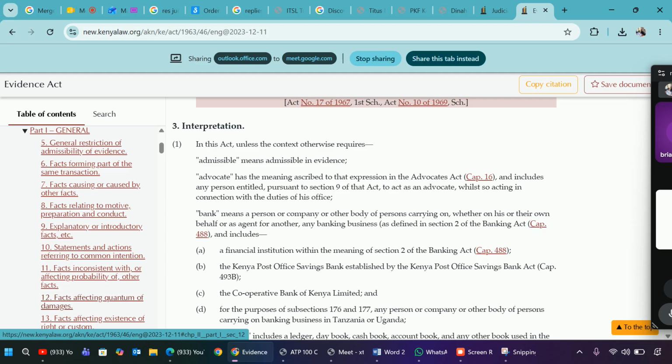With the Evidence Act and two other factors that we borrow from professional ethics, we are guaranteed a pass in trial advocacy. When it comes to probate, remember we have done the Law of Succession Act all the way up to section 29. We are to start with section 29. These are the things I don't want to stall behind, because even in orals we will be asked these sections.